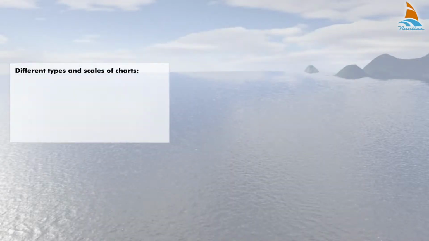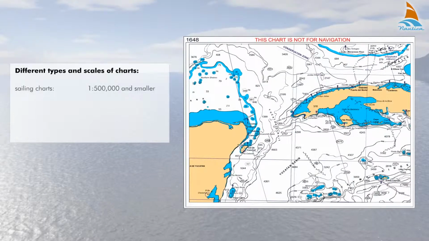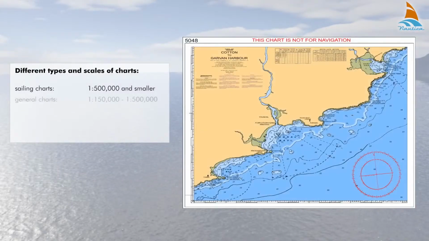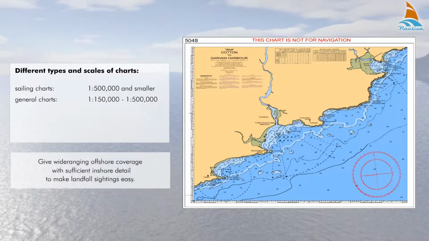Here are the different types and scales of charts. Sailing charts, where the scale is 1 to 500,000 and smaller, are used for offshore navigation beyond sight of land. The general charts have a scale of between 1 to 150,000 and 1 to 500,000 and give wide-ranging offshore coverage with sufficient inshore detail to make landfall sightings easy.